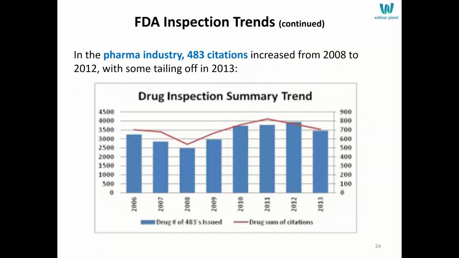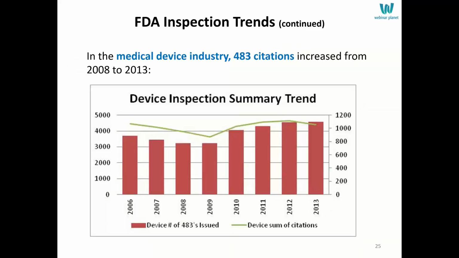So here, it just shows FDA at any point in time is doing more or less inspection. They are finding more or less things out there. So the trends are very telling.